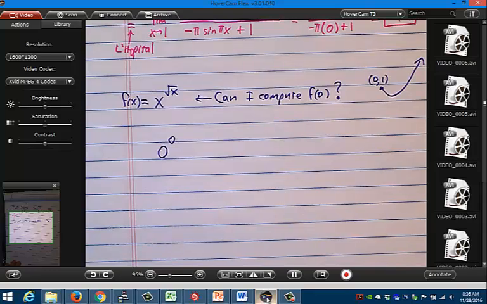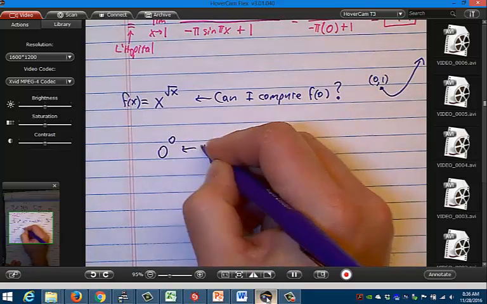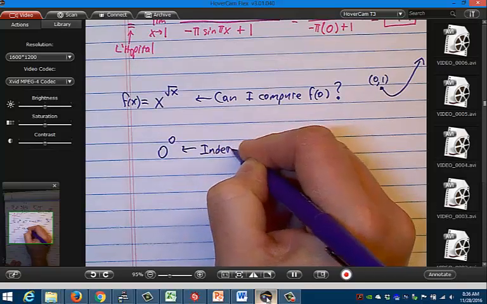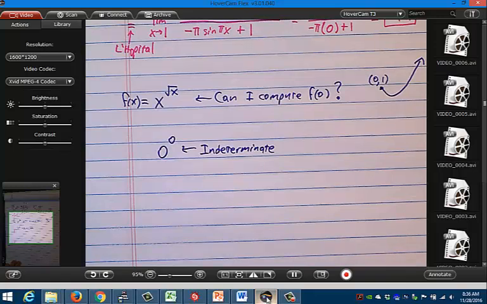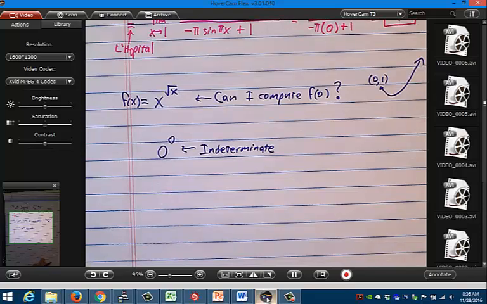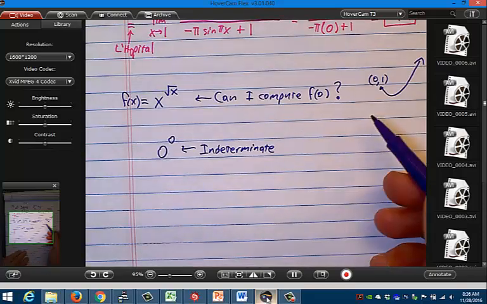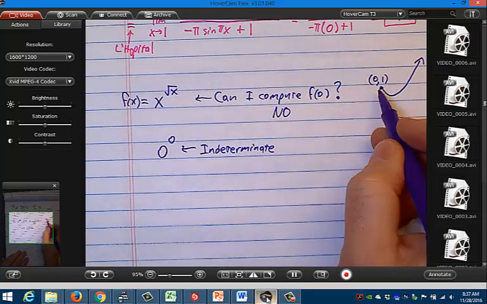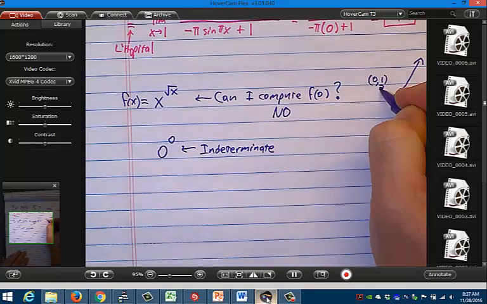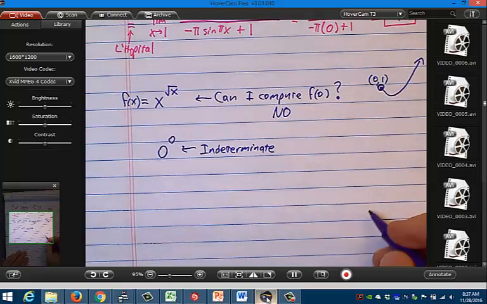And I said, this is an indeterminate form. One way to think of this is 0 to any power should be 0, but anything to the 0 power should be 1. So what's going on? It's both 1 and 0. Well, it can't be, right? So it turns out that the function is not defined at 0. I would put an open circle here if I were doing the graph.